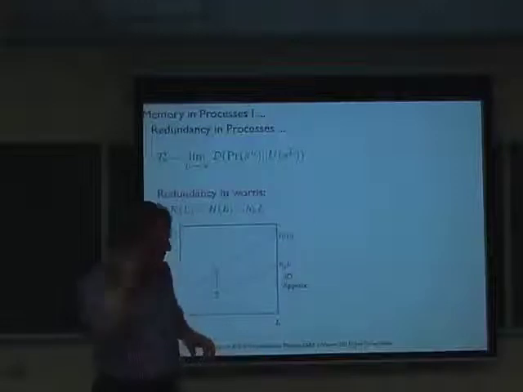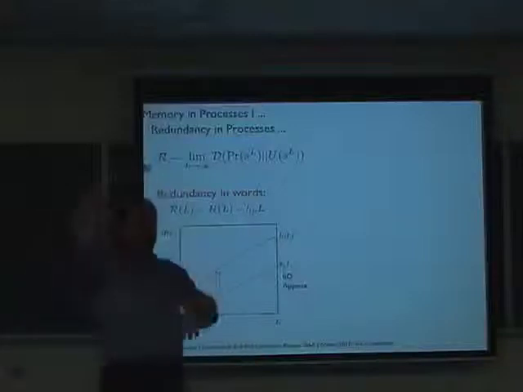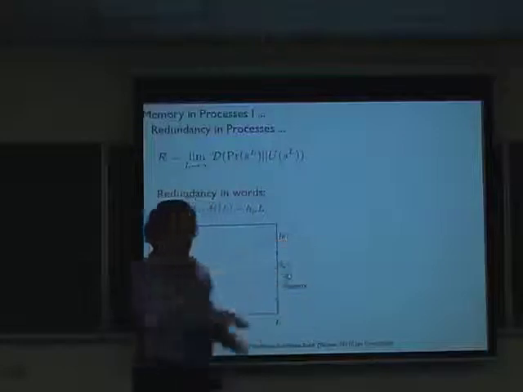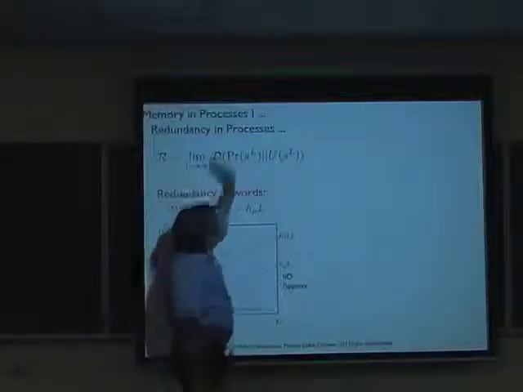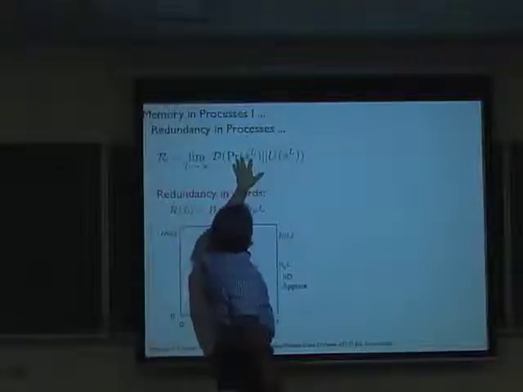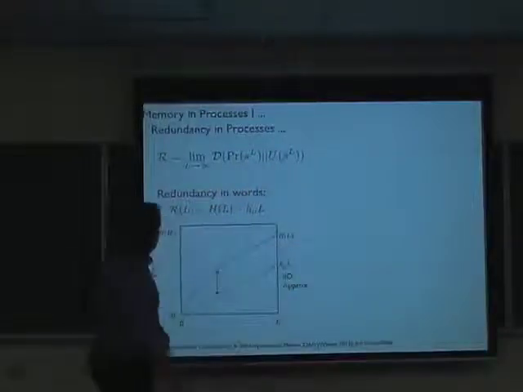So we can use this notion of redundancy to motivate one way of monitoring how the entropy convergence process comes to its asymptote. We're going to look at a long word version of the redundancy, where we compare the distribution over words of length L to a uniform distribution over the words.